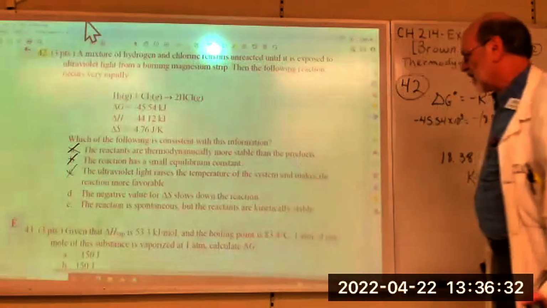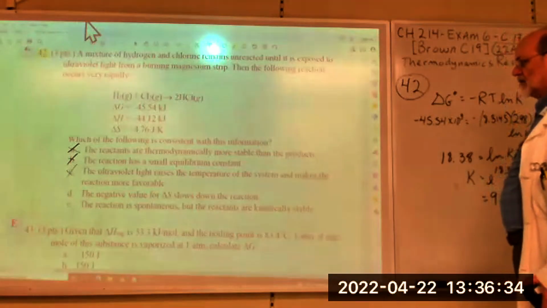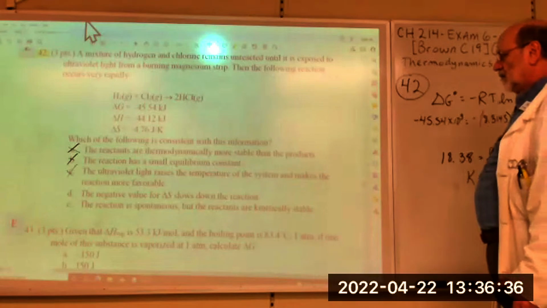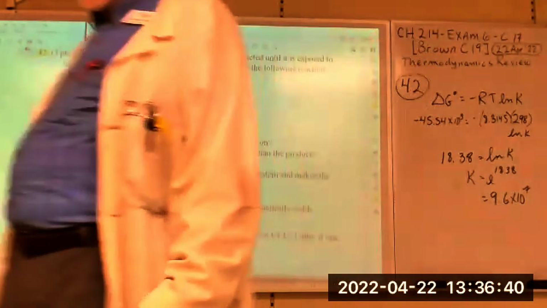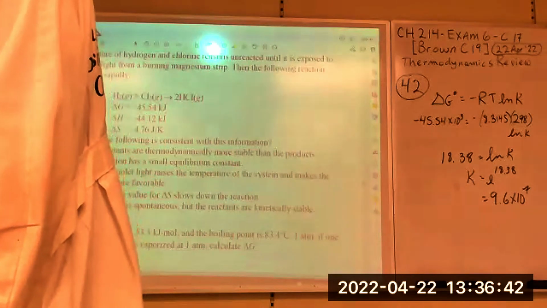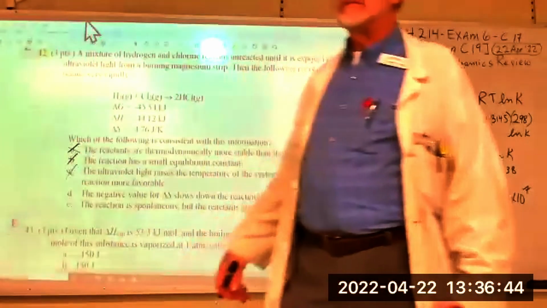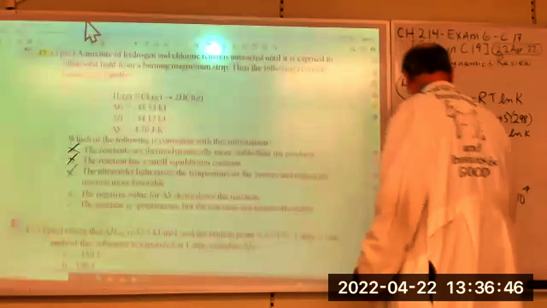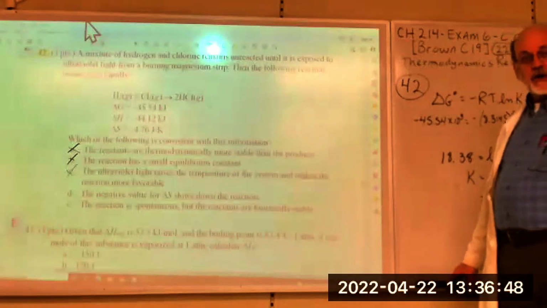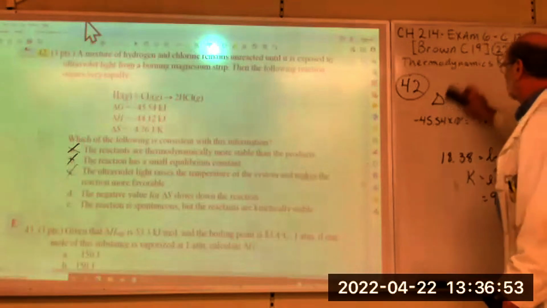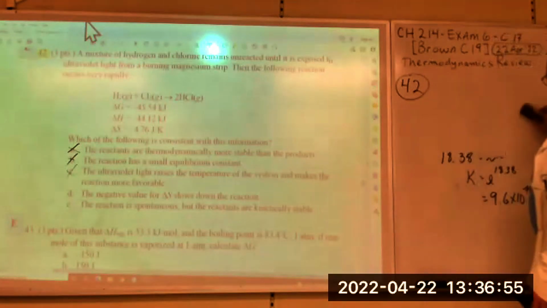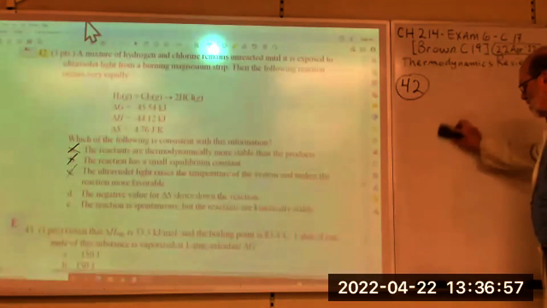The negative value of delta S slows down the reaction. Oh, no. What are we talking about when we say slows down or speeds up? That's kinetics. Thermodynamics has nothing to say about kinetics.